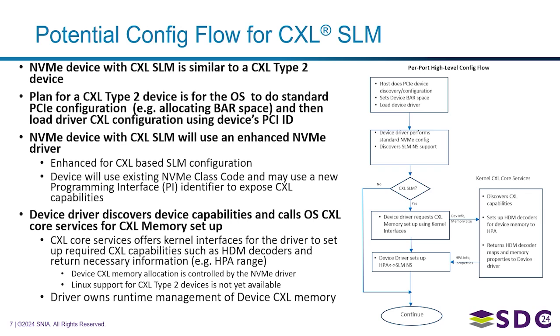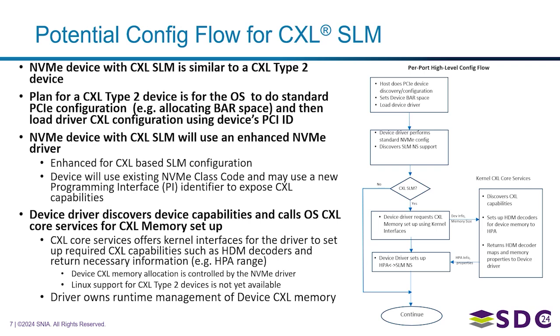An NVMe device with CXL SLM is similar to a CXL Type 2 device, for those who are in-depth familiar with CXL. The plan for CXL Type 2 devices is for the OS to do standard PCI configuration, for example, allocating bar space. The bar space has to do with how you define other information about the CXL space, and then it loads the driver CXL configuration using the device's PCI identifier.